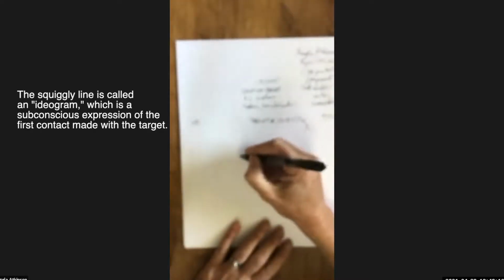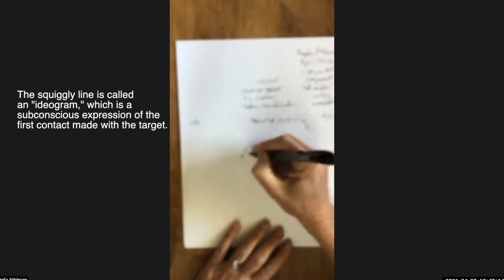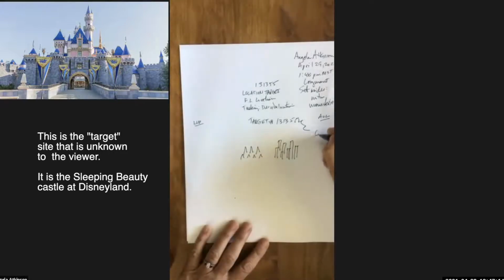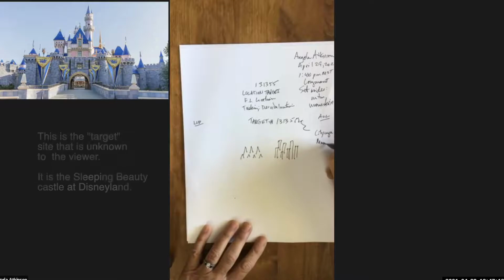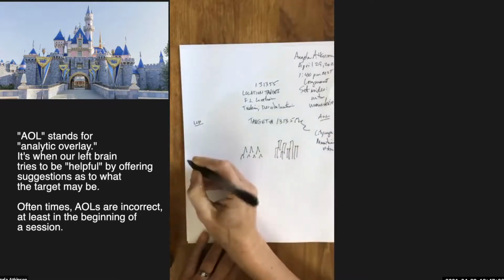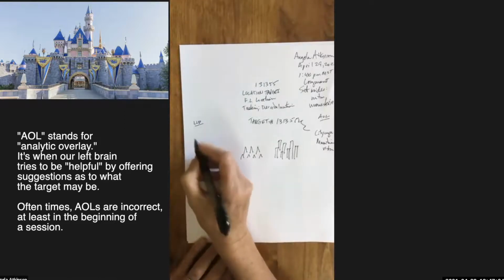So what I'm getting is a lot of either peaks like this, or just a lot of different levels of shapes or buildings at differing heights. So cityscape is an AOL, mountain vista are AOLs. Let's see, it's kind of hard to write.